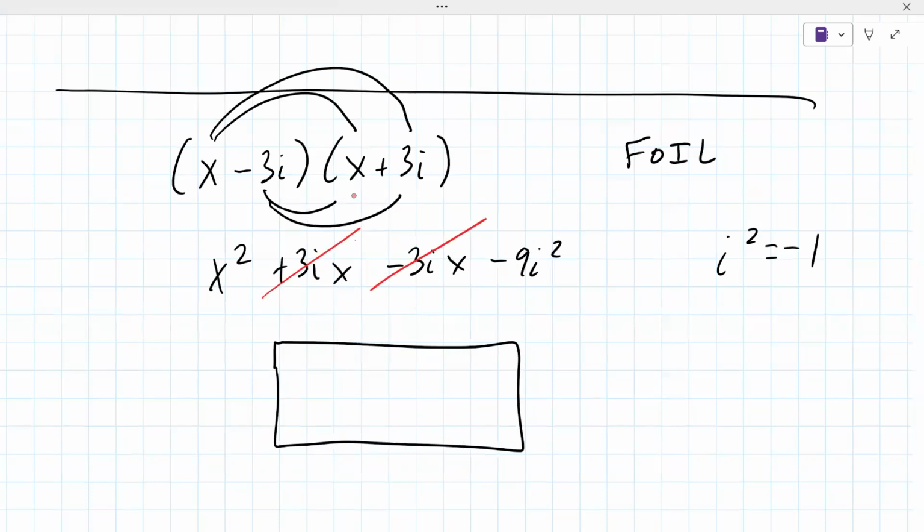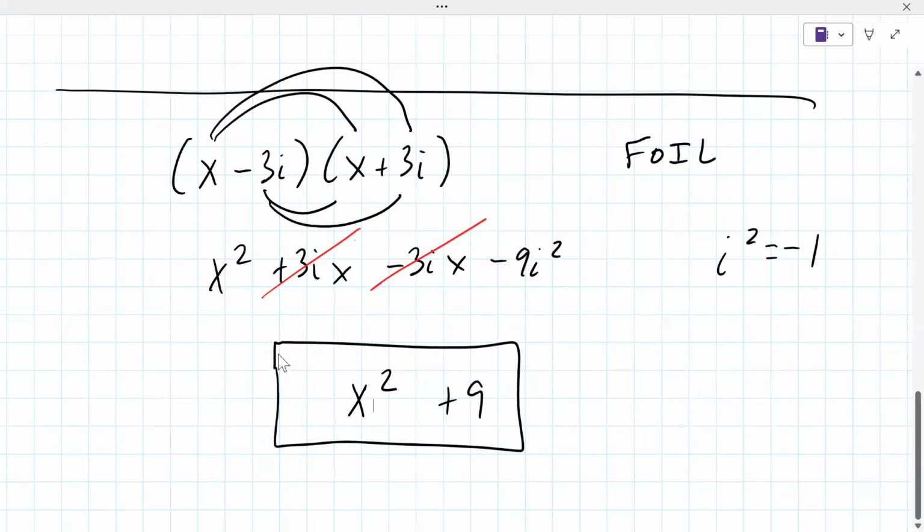So these cancel in the middle. The 3ix and the -3ix, they cancel. And you're right, there is a +9, but what else? That's not the only thing. What else is remaining? And the x squared. Yes. And you again see that there's no i's that are left over.